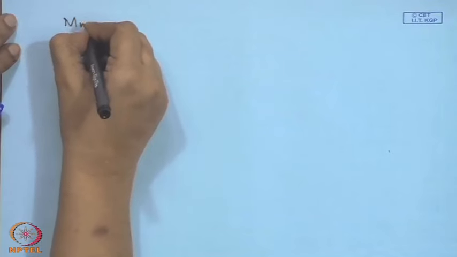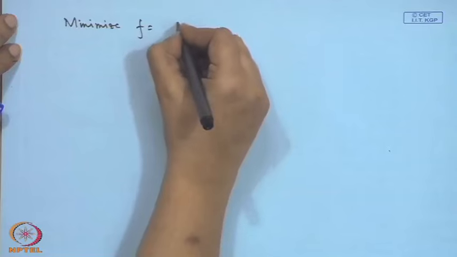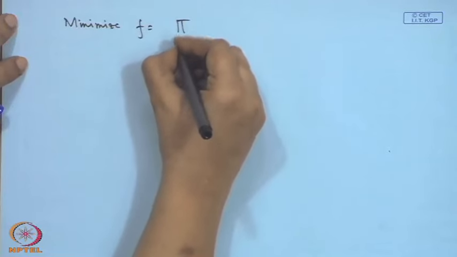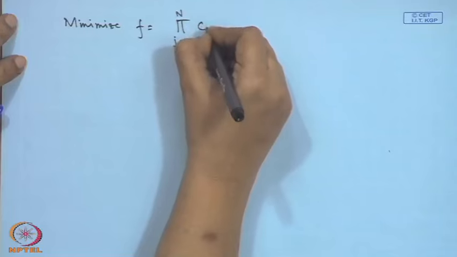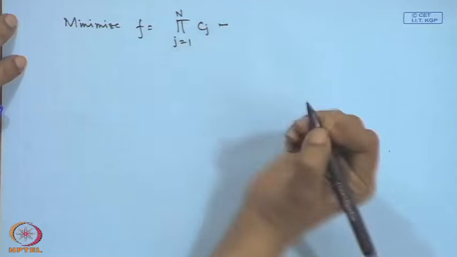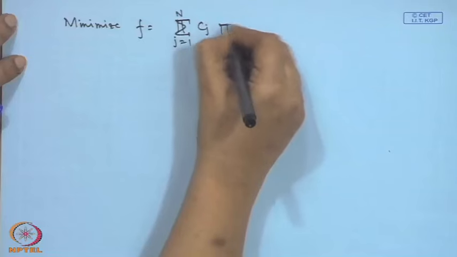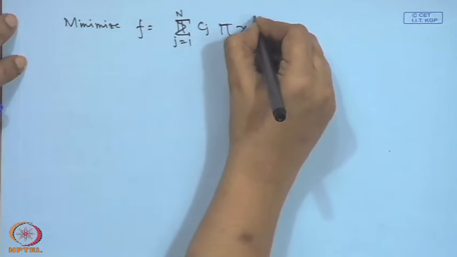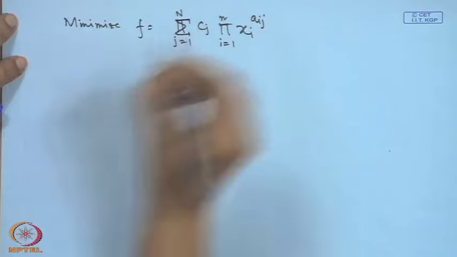Let me consider a general kind of unconstrained geometric programming problem. I am sorry, this is summation, all right, and this is product, because these are all the polynomials, Aij, i is equal to 1 to small n.